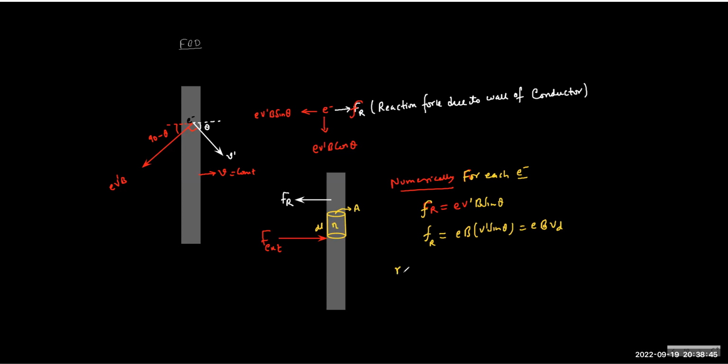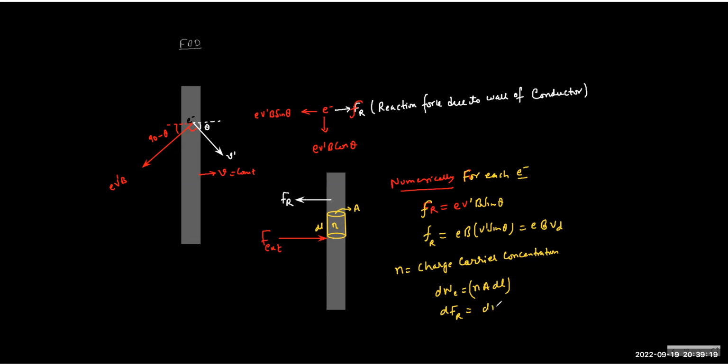If I choose n as the charge carrier concentration, as we did in current electricity, then nAdl will be the number of electrons. So the total number of electrons will be nAdl. Yes, sir.